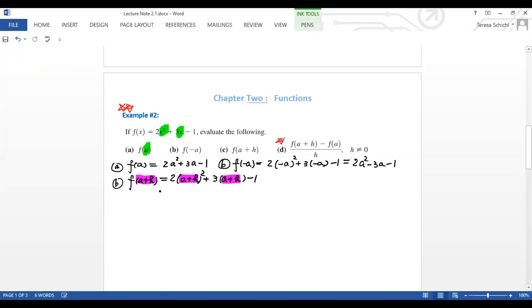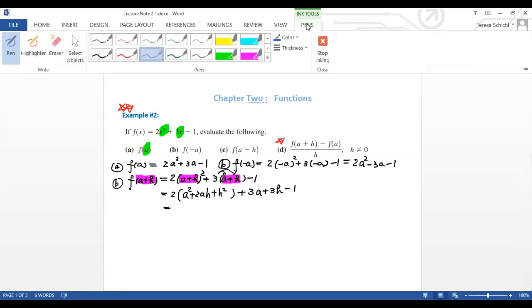Okay, now let's try to FOIL it. So this is a plus h squared. I FOIL it, and it will become a squared plus 2ah plus h squared, then plus, what is the property I'm using here? Distributive property, right? So plus 3a plus 3h minus 1. Now I'm using the distributive property again, right?